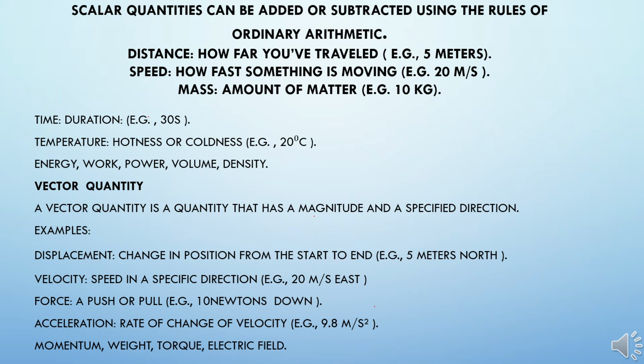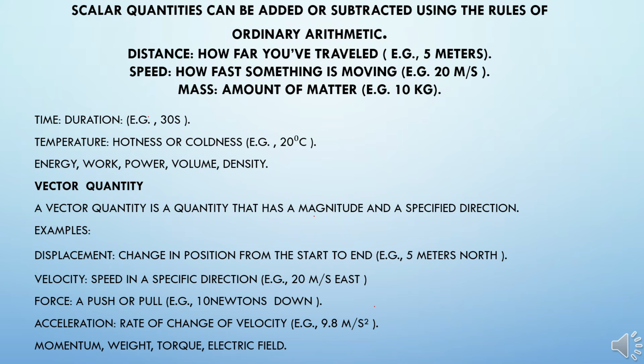Another example of scalar quantities is temperature. And temperature measures how hot or cold a body is. And if I measure the temperature of a body, it gives me only the magnitude. And so I need to assign the right unit. So an example is 20 degrees Celsius.